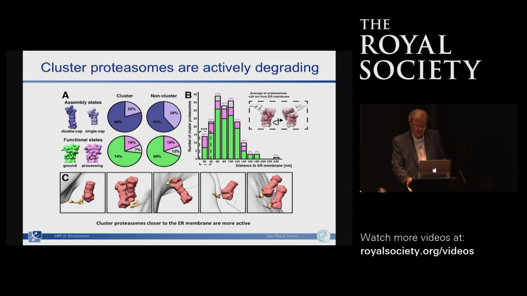Now, all those which are directly adjacent to the membrane, within 20 nanometers or so, have some density, not very well defined, but they appear to be tethered to the nuclear envelope, to the endoplasmic reticulum.